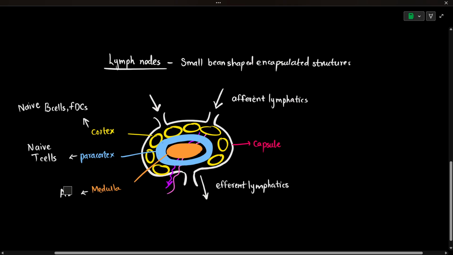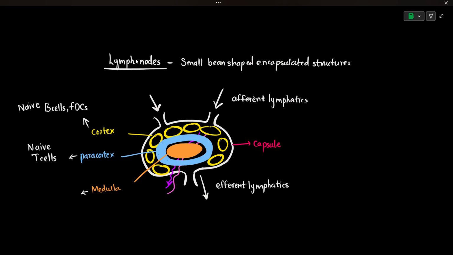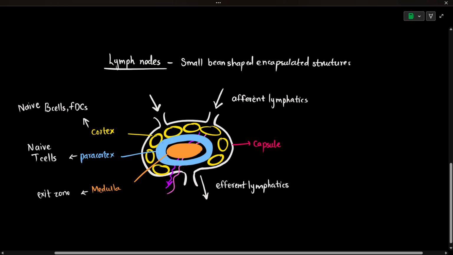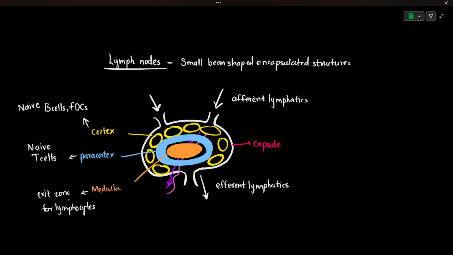So we can call the medulla the exit zone for activated lymphocytes. And if there's no antigen, then those lymphocytes will not get activated. So either activated or naive, whatever lymphocytes are present in the lymph nodes will be taken out from the medulla through the efferent lymphatic vessels. So the medulla is also known as the exit zone.